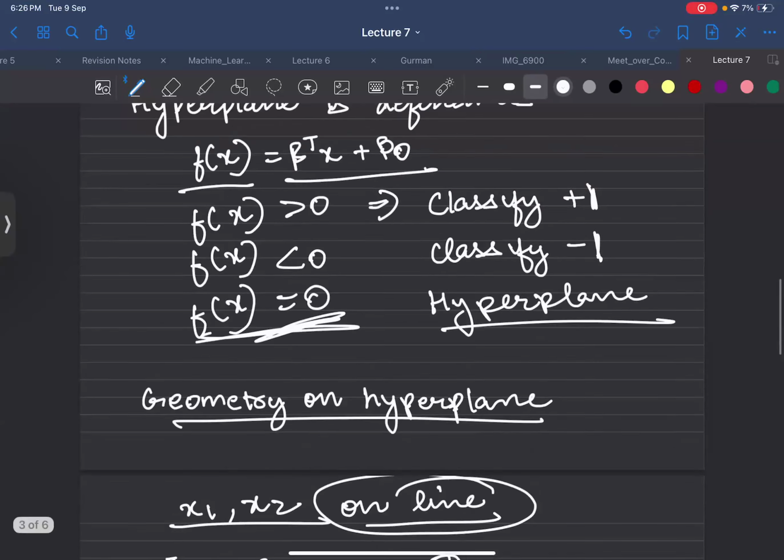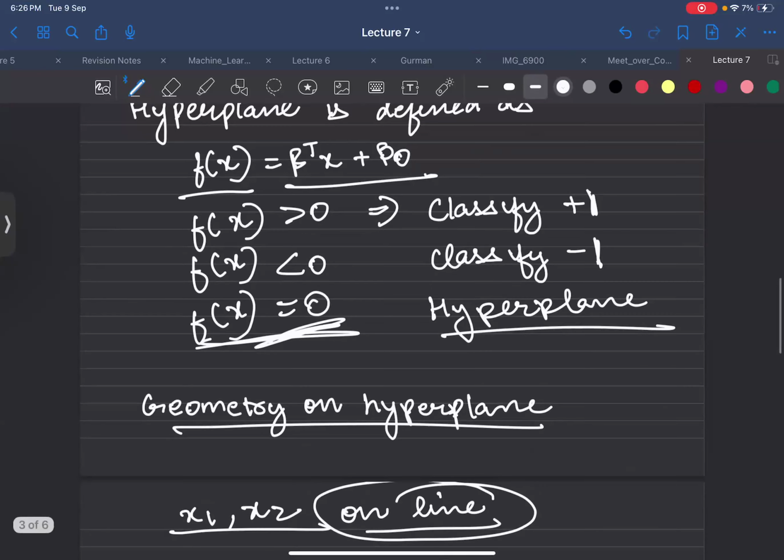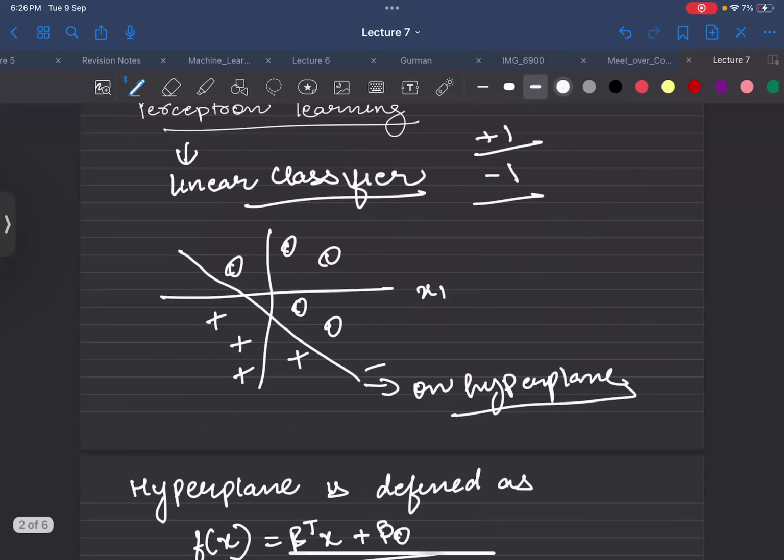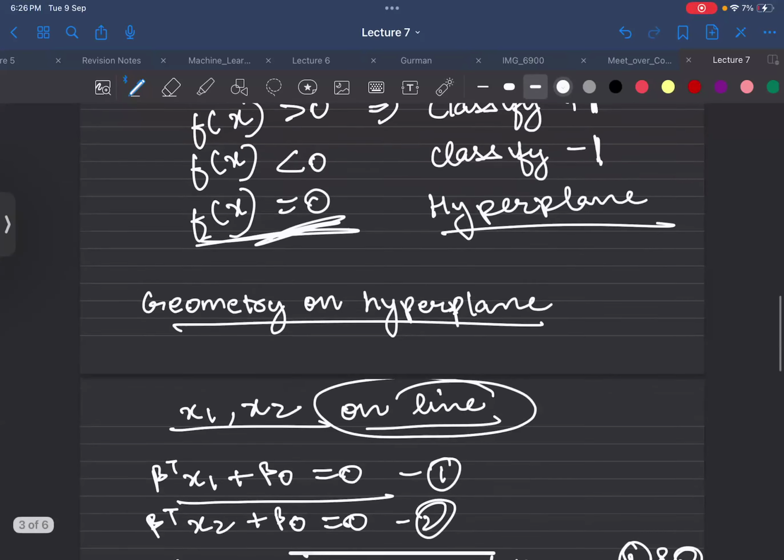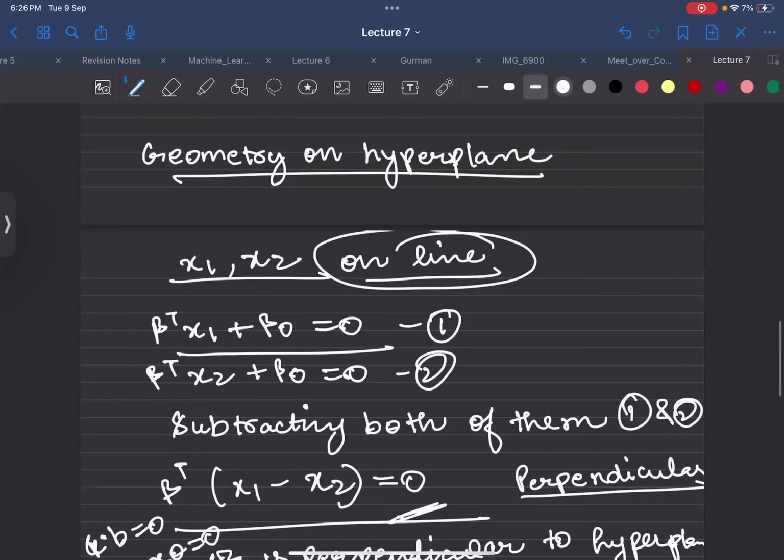If f(x) is greater than 0, it is classified as +1, which means it lies in the class +1. If it's negative, it lies in the class -1. That's how we differentiate whether it's above the line or below the line. And if it's on the line, which means y is equal to mx plus c is equal to 0, then it is on the line.